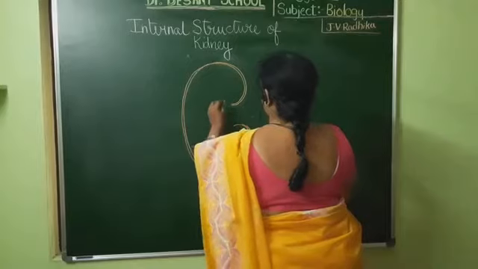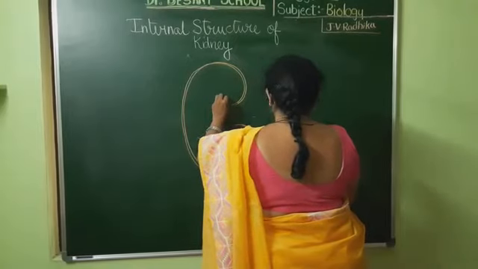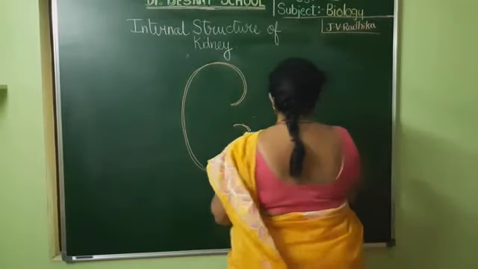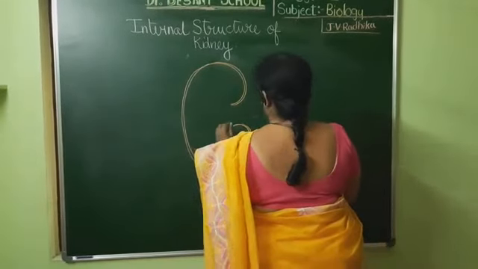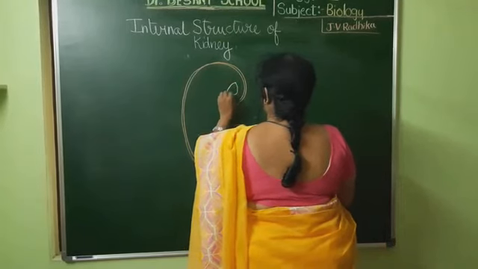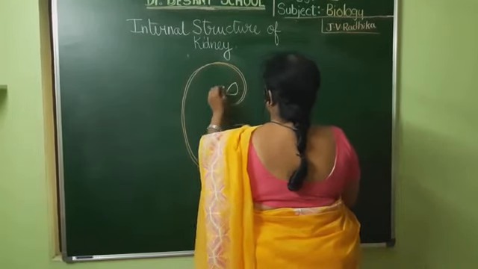Here I shall draw these pyramid-like structures. Those pyramid-like structures are called renal pyramids. This outer part that you can see is the cortex.